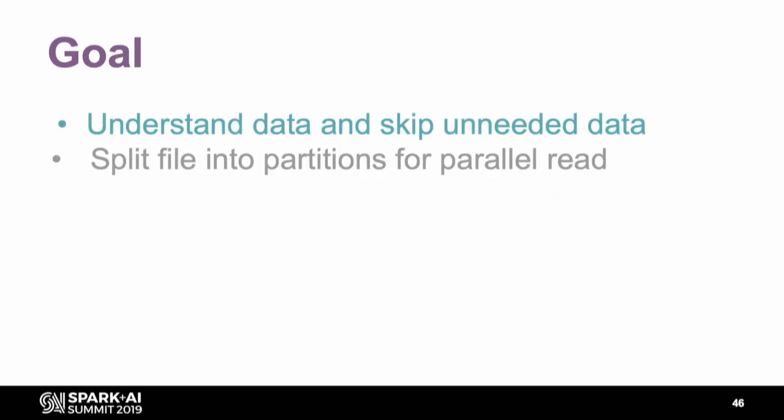To achieve the goal, first of all, we need to understand the data so that we can read it as Spark rows. Also, we need to skip unneeded data to make the execution smarter and faster.